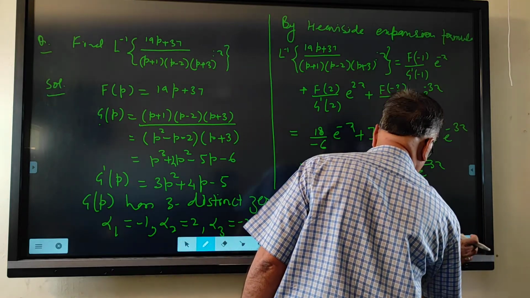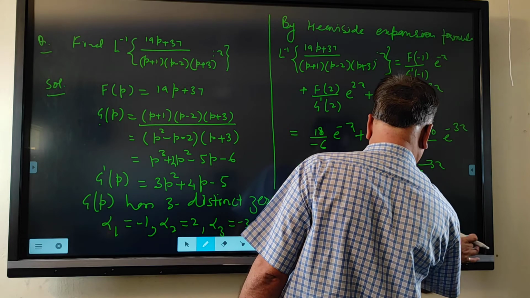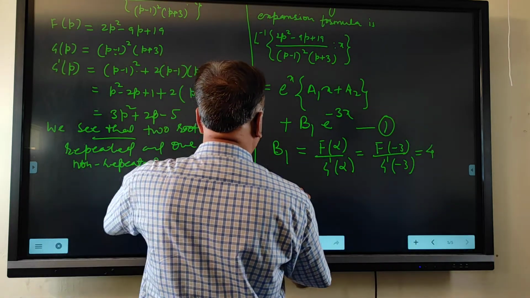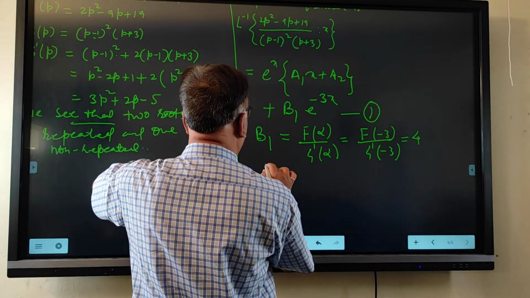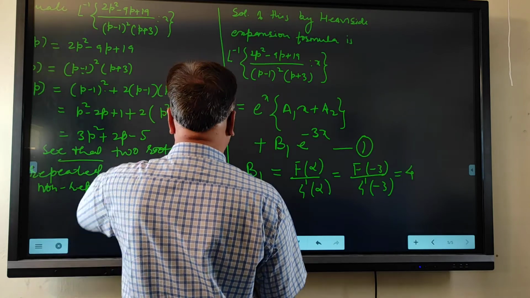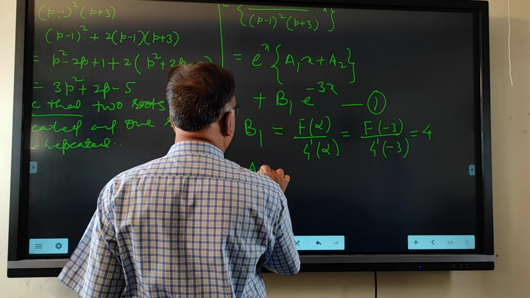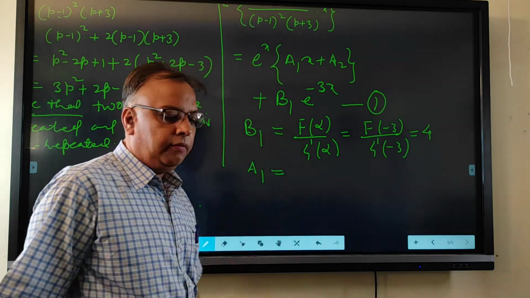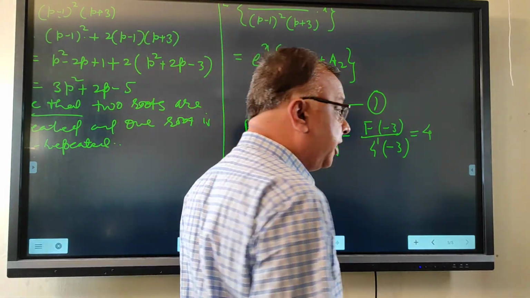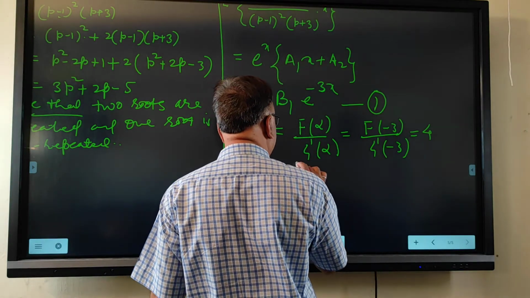So the value of a1 is equal to limit p tends to the repeated root, which is 1.